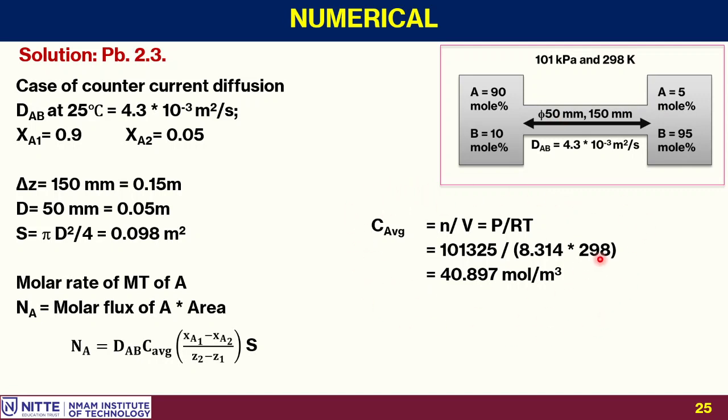If it is a liquid, what you need to do is, given the chemical formula, you have to find out the average molecular weight. Based on the average molecular weight on one side and the density, that value has to be given to you. So based on the density and average molecular weight, you have to find out the molar concentration on side 1 and molar concentration on side 2 using the same mechanism. Then you have to take the average of the two, that will be the C average.